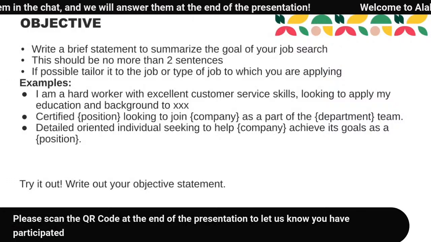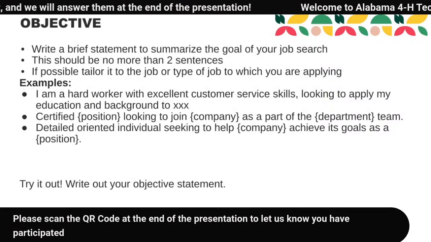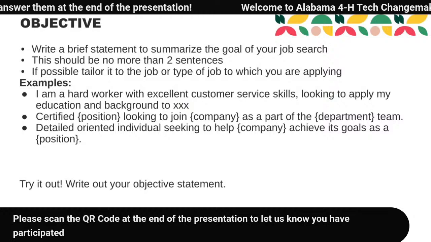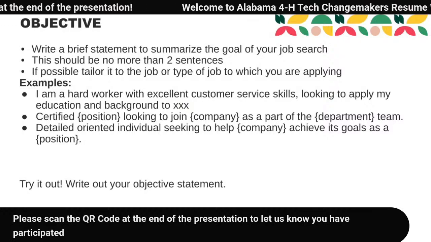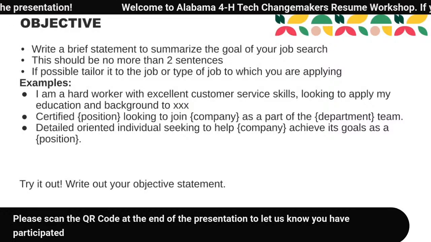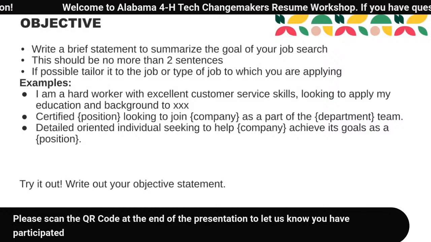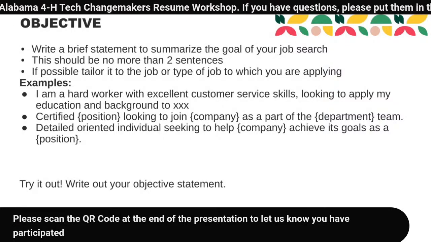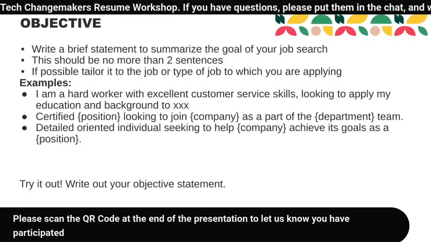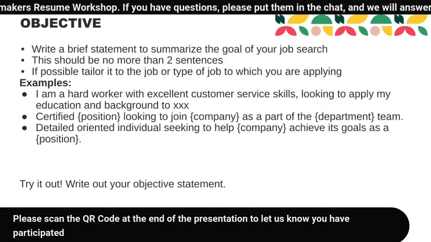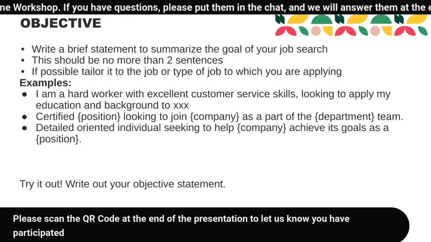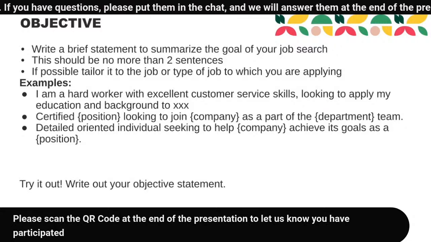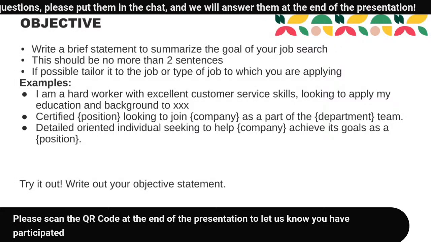Probably not going to work out well if that's not what that person wants to do. So that's just an example I like to give, just tailor it to however you feel. All right, so we're going to move on.